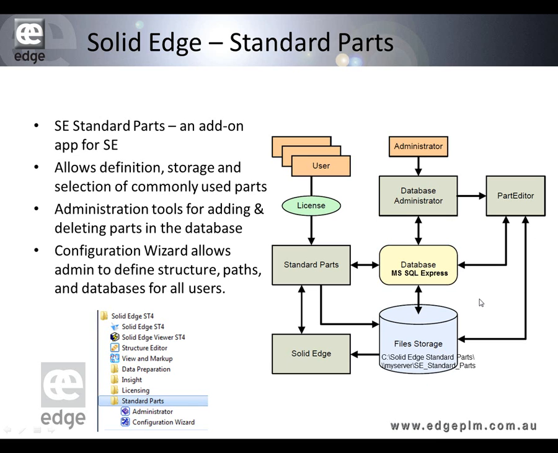Now, what we've got to realize, and I'll show you in another couple of slides, is that in the standard parts set, there's hundreds upon hundreds of thousands of nuts, bolts, screws, washers and those sorts of things. We don't put all of those on disk in one hit.